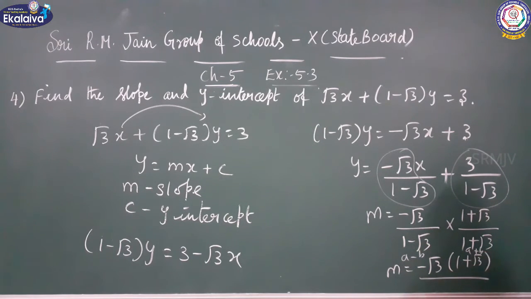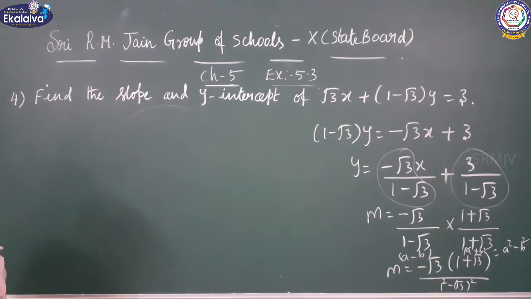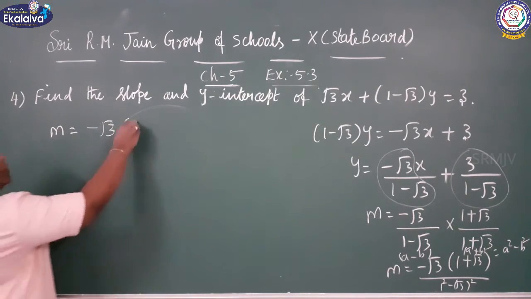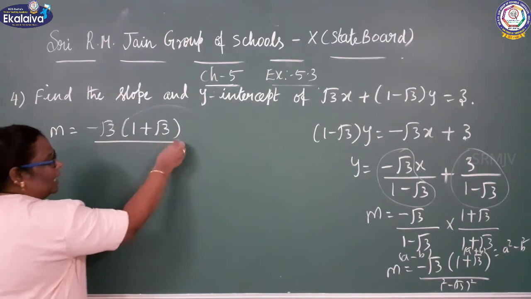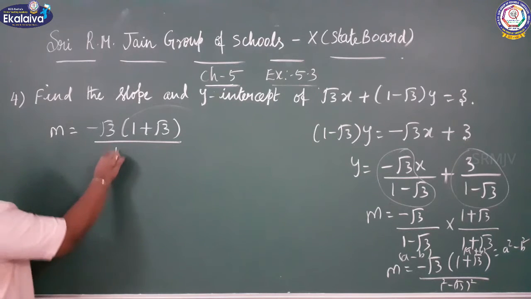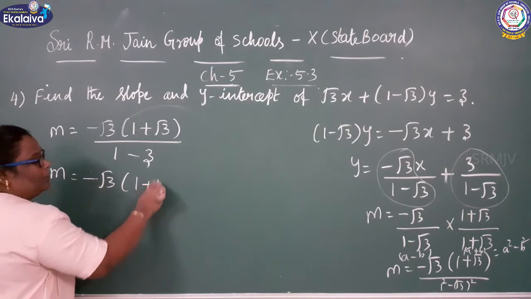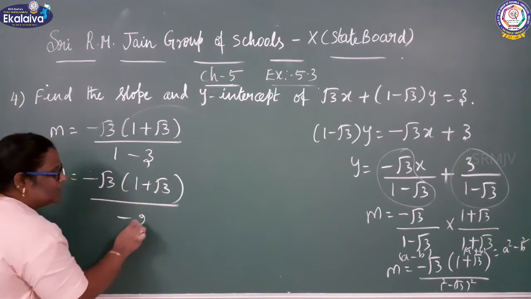What is the formula for a minus b into a plus b? a square minus b square. a square is 1 square minus root 3 the whole square. a square minus b square. m equal to minus root 3 into 1 plus root 3 by 1 minus 3, so m equal to minus root 3 into 1 plus root 3 by minus 2.